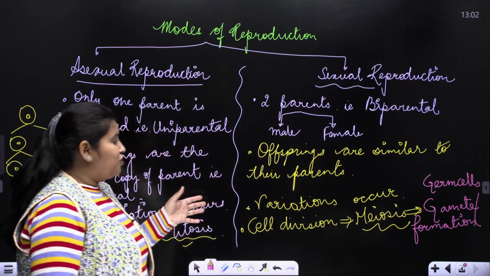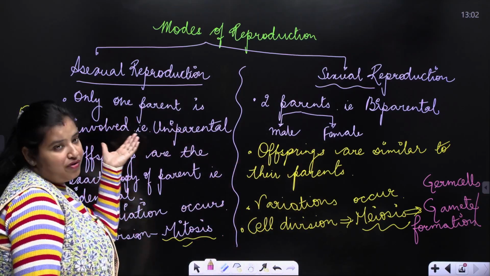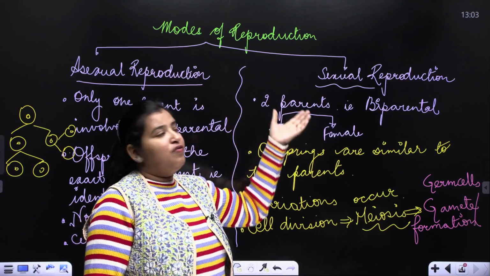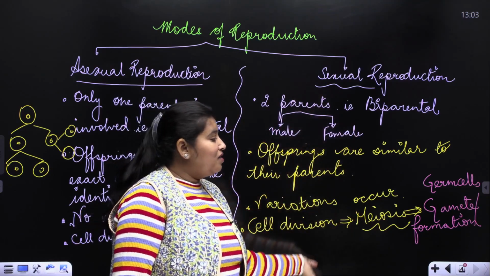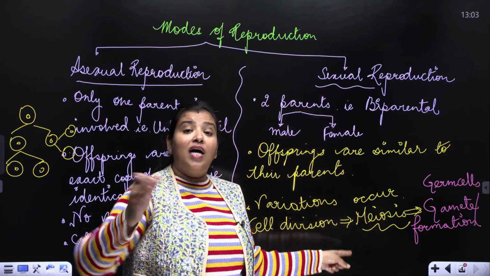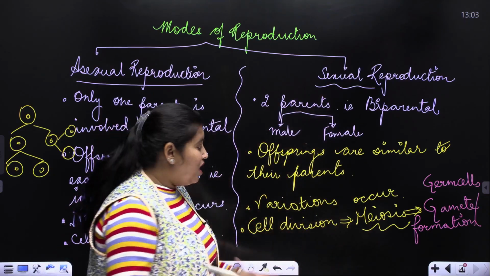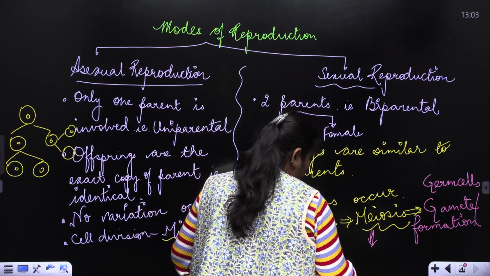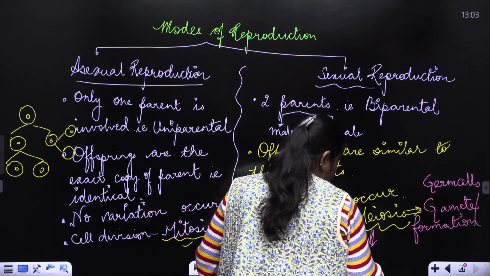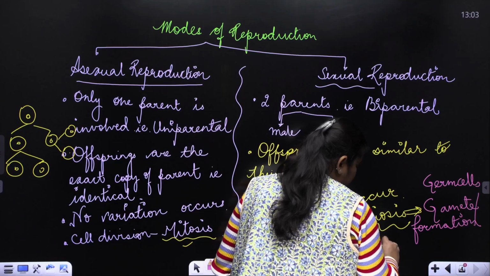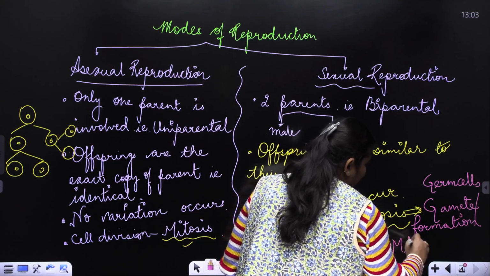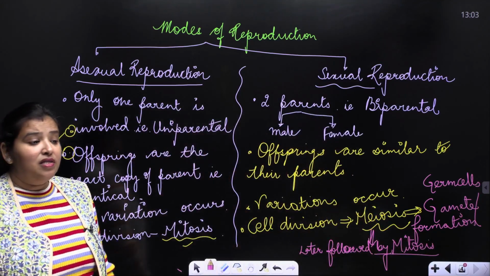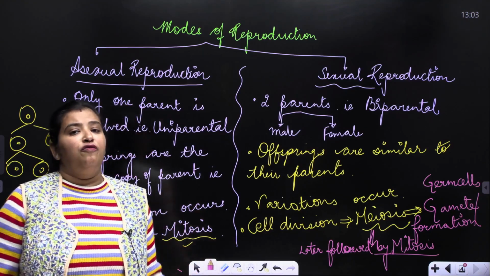So the type of cell division involved in asexual reproduction was mainly mitosis. The division involved in sexual reproduction is mainly meiosis, because the process starts from gamete formation. But yes, afterwards it will be later followed by mitosis only. Initially, meiosis will take place, which results in the formation of gametes.